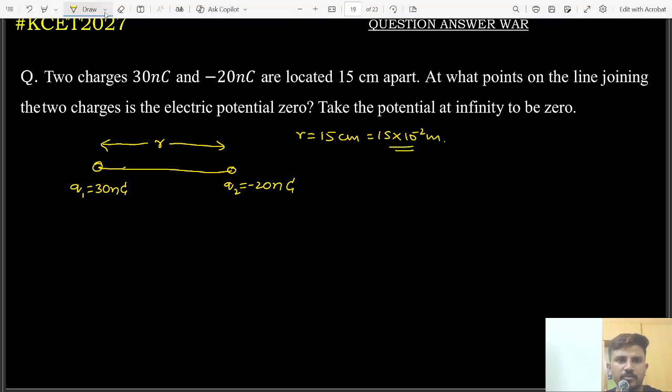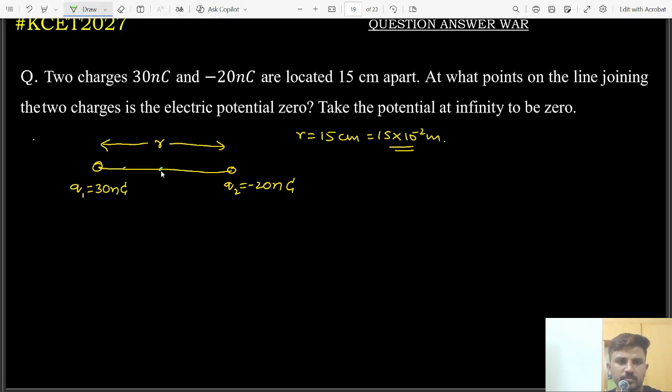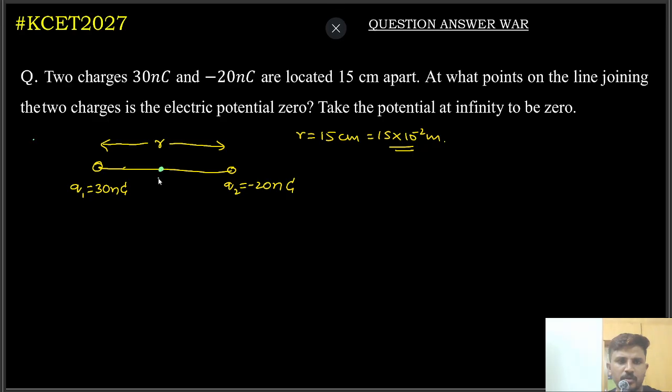Here we have a point where we need to find the electric potential to be 0. Let me consider this point is at a distance x from q1. You can take it from q2 also, but here I am taking x from q1. Potential at O is 0 because potential due to the first charge plus potential due to the second charge add up to 0.